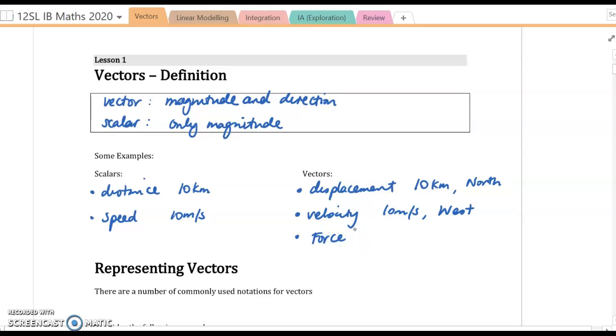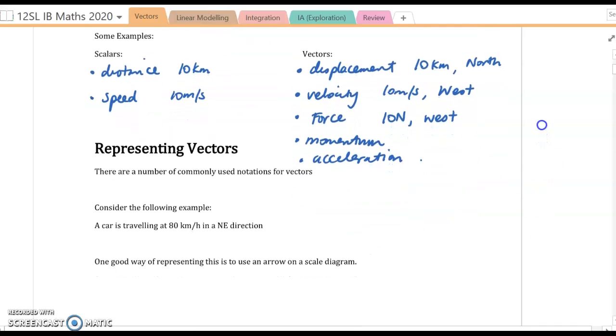So some questions in your textbook have just given you a quantity like 10 newtons west and asked you, is it scalar or vector? And you can tell that it's a vector because it's got both a magnitude and a direction. There's also momentum and acceleration as well that are vector quantities.